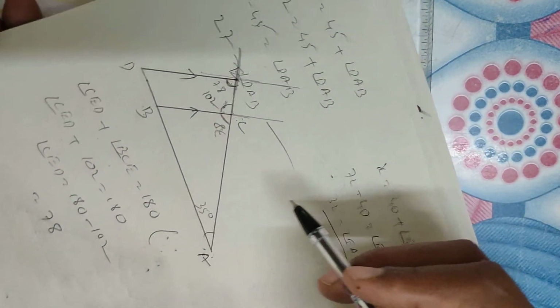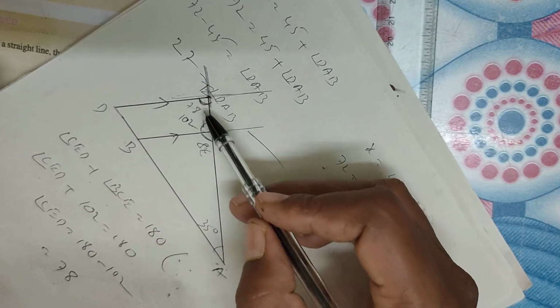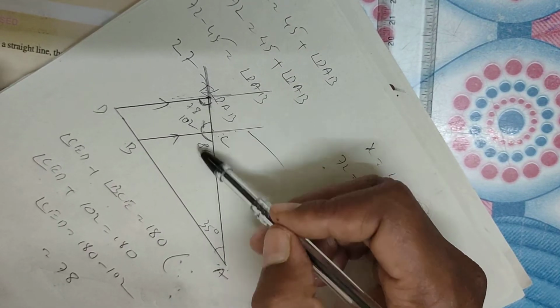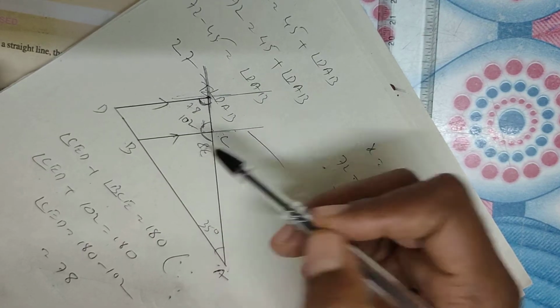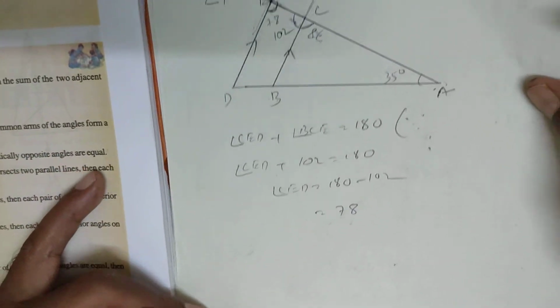Otherwise you can write one more situation also. These two are parallel, and what are these two angles? Corresponding angles. If two lines are parallel, corresponding angles are equal. If it is 78, this also becomes 78. So many methods will be there to solve it. So this is 78.